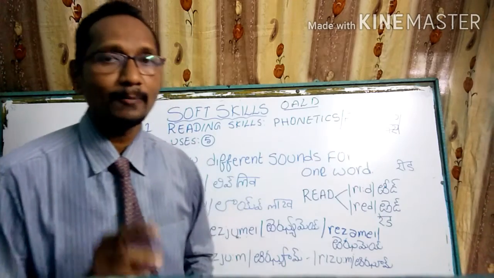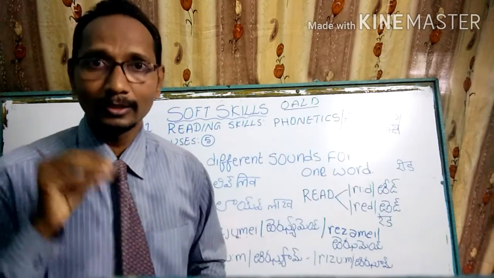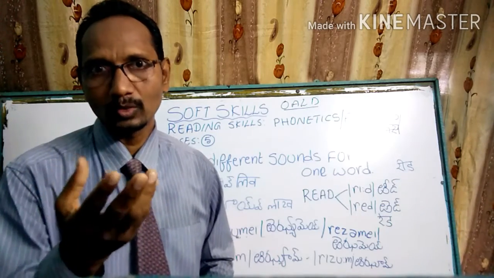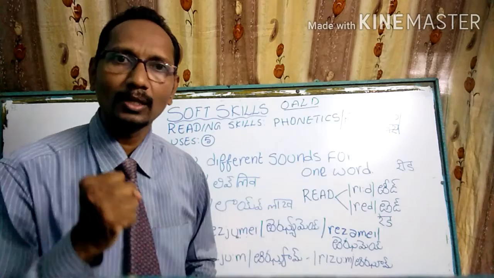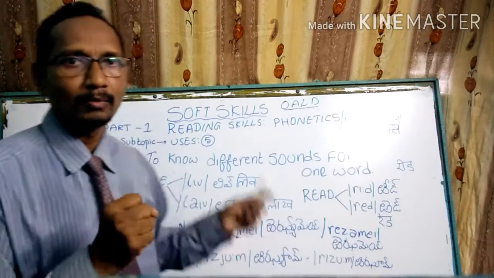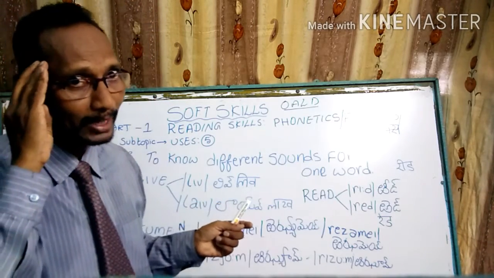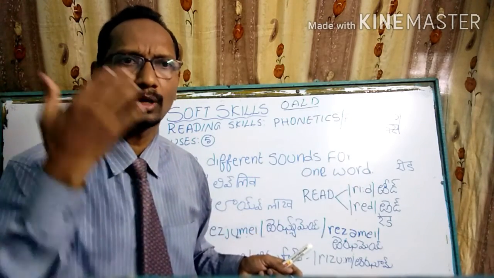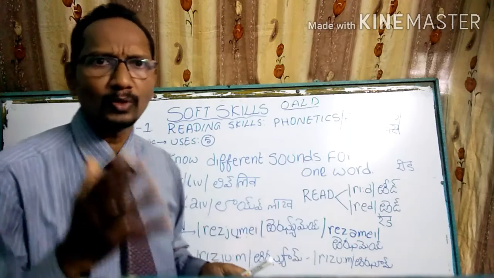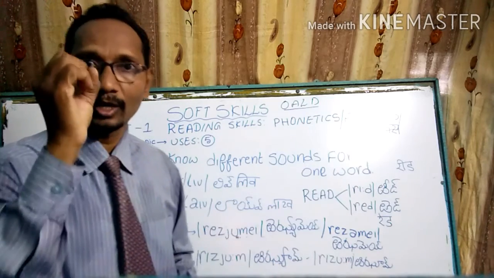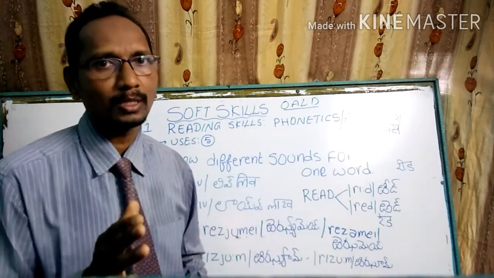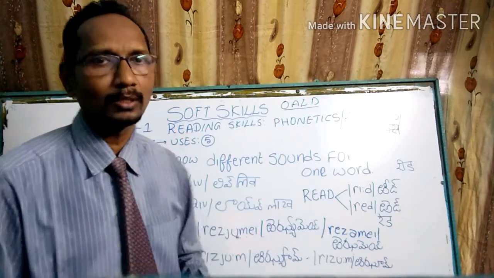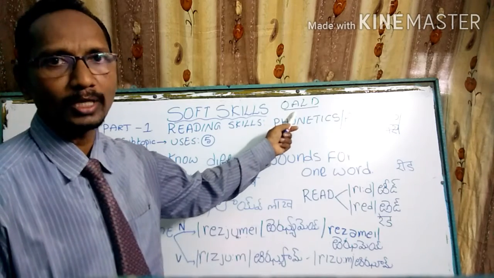So my dear students, these are the two uses in today's class we have learned and I have taught you. Why we have to learn phonetics, there are 5 uses we should keep in mind. You can teach your friends, your parents, your brothers, your sisters, your cousins, whoever it may be. If you know very well about phonetics, you can be thorough with pronunciation and you can get all the words in phonetic formation from the dictionary OALD.